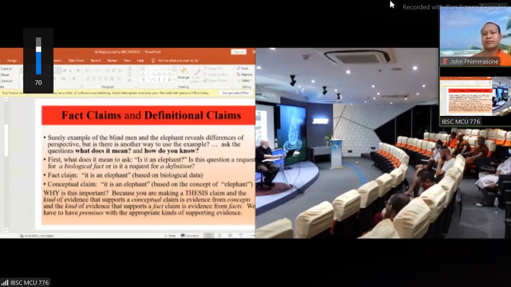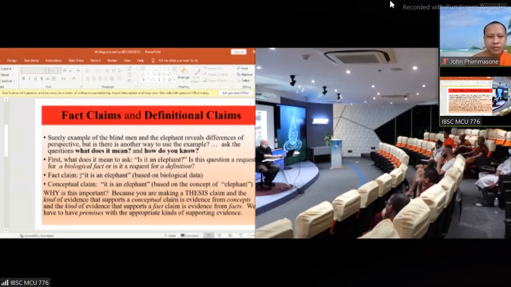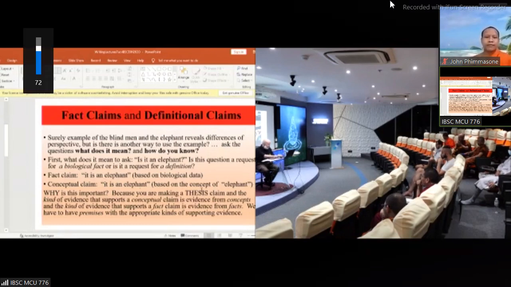A fact claim would be, it is an elephant based on biological data. It's not a human. It's not a giraffe. A conceptual claim would be, it is an elephant based on the concept of elephant. Concept and fact are different orders of knowledge.